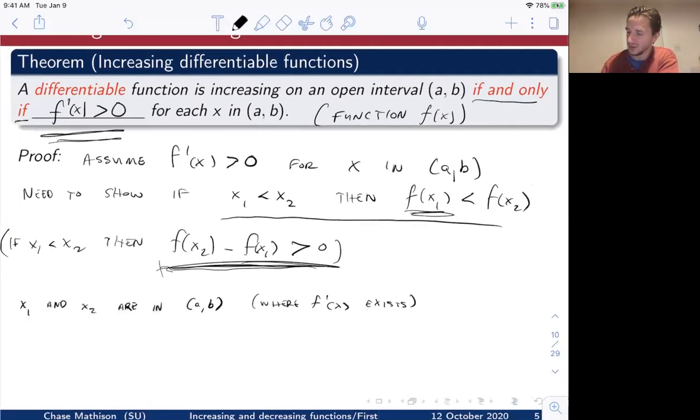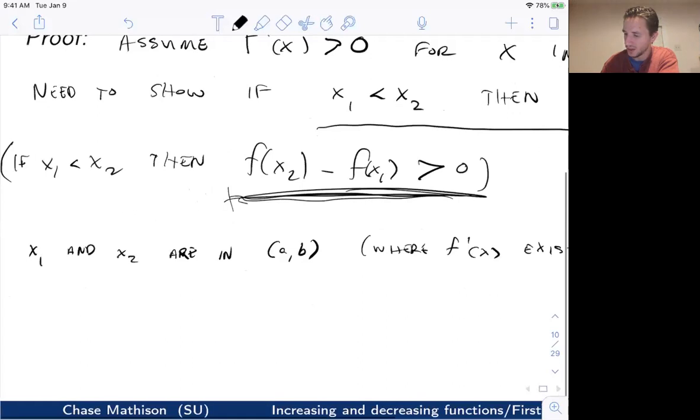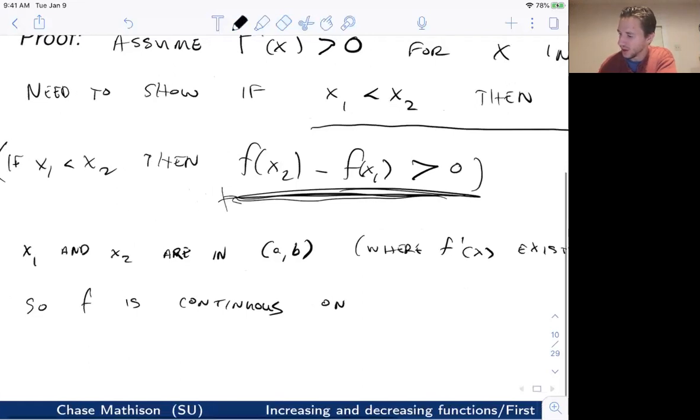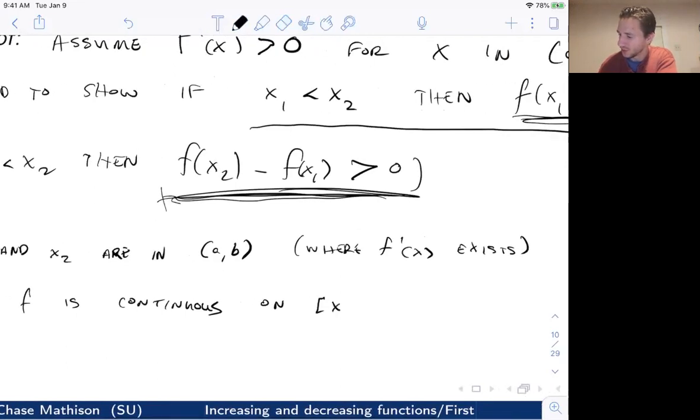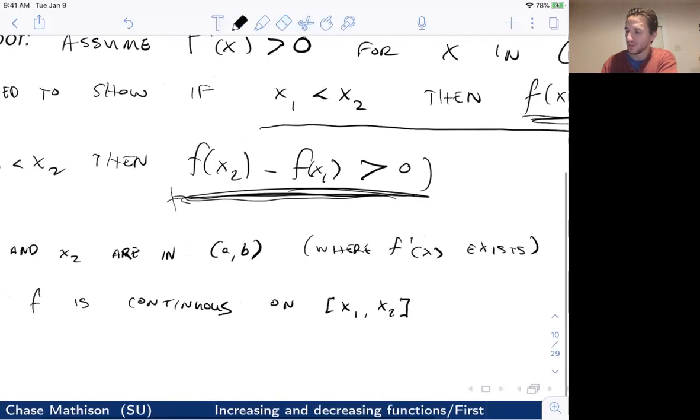So that means f is continuous on the smaller closed interval x1 to x2, right?